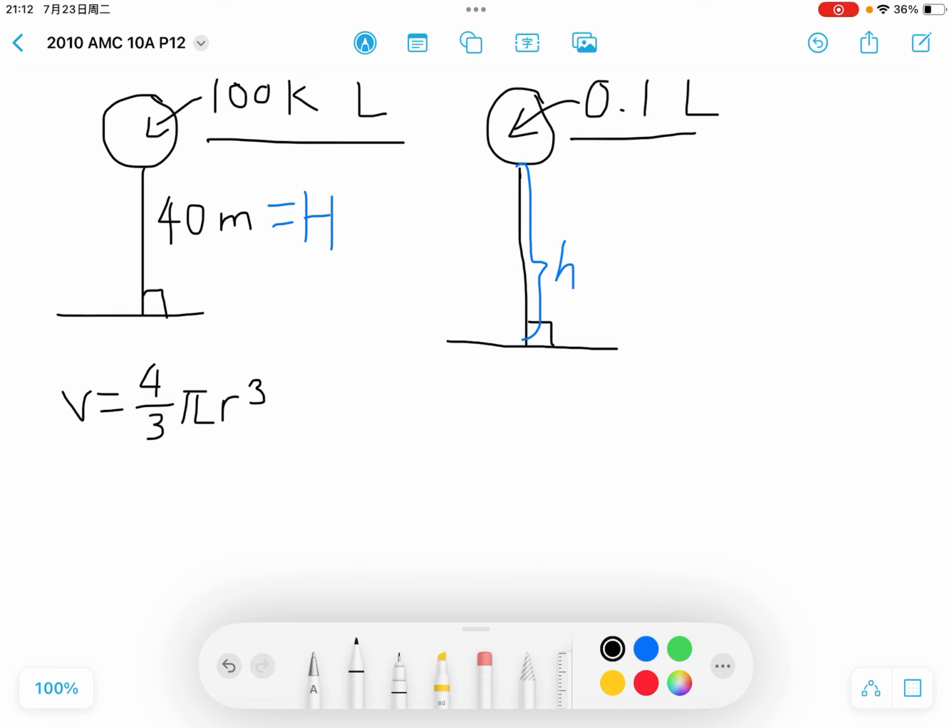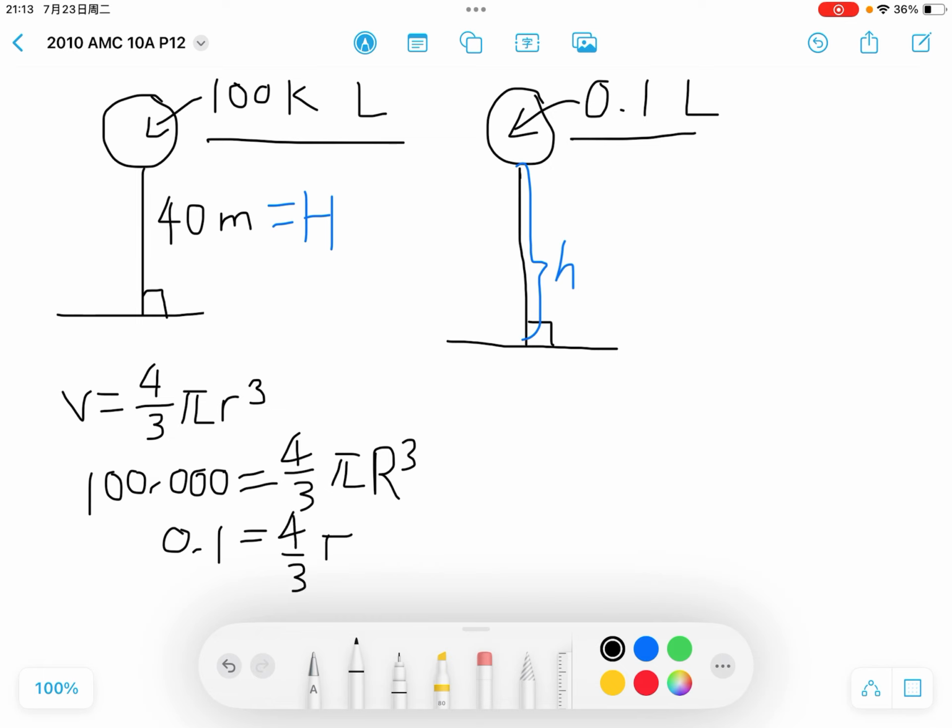So if we apply this to the 100K, we have 100,000 equals 4/3 pi r cubed. Let's call the radius big R. And therefore, we also have 0.1 equals 4/3 pi small r cubed. Let's call the radius of the model small r.